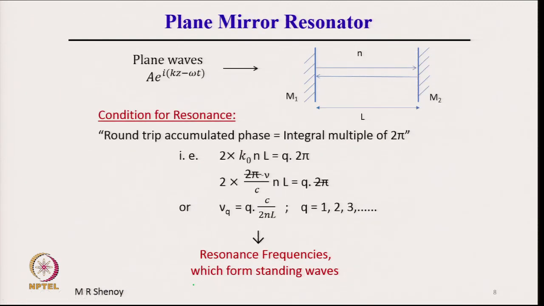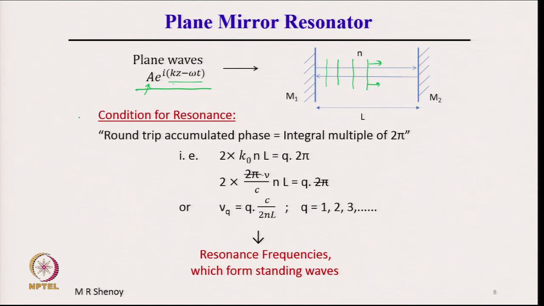Now, let us look at the first characteristic, that is the resonance frequencies. If we consider plane waves, this is a plane wave comprising an amplitude and a phase term kz minus omega t. So, let us look at the plane wave which is propagating here and getting reflected back from the other end.